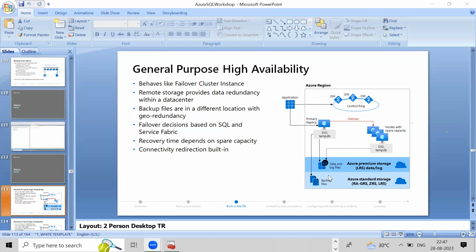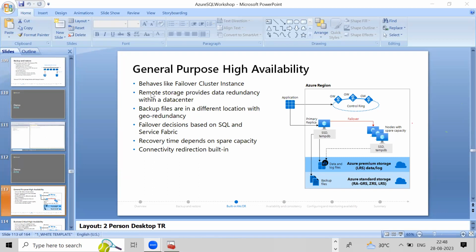I repeat, my storage means data files and log files. I'm talking about both data files and log files. They are not placed on the same operating system, they are placed somewhere else. Read this line: remote storage. It's not local to the machines. It is placed remotely.